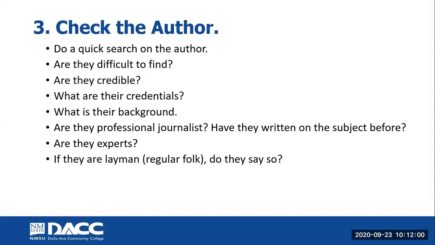You can do an author search online with their name to find out who they are, who they work for, who they have worked for in the past, what stories they have written or covered, and what their credentials are, if any, if they're an expert. Sometimes journalists can be experts in certain areas, for example climate change or sciences. These are some of the questions you should be thinking about when verifying the author's credentials. It's very important.